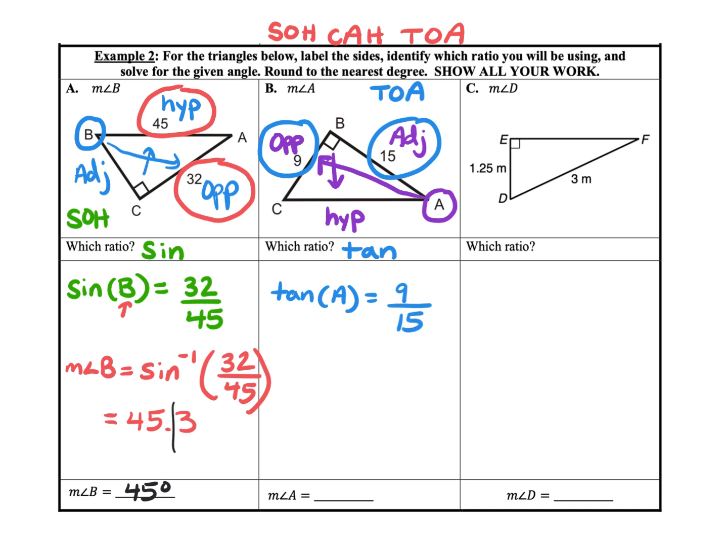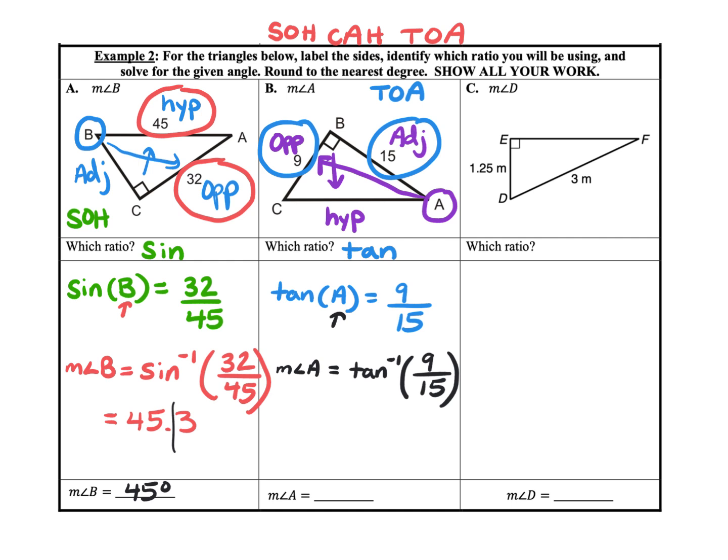Now, once again, to get the angle out of the trig function, we need to use an inverse trig function. So the measure of angle A is going to equal the inverse tangent, or tan inverse, of 9 divided by 15. And you can go ahead and type that in your calculator.